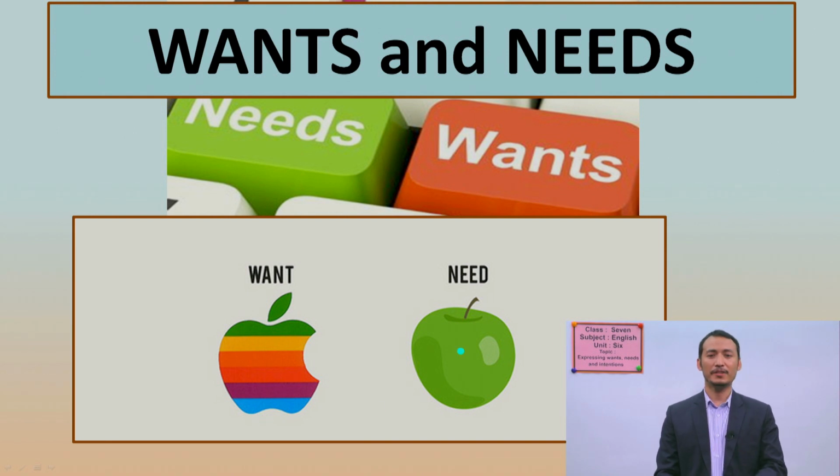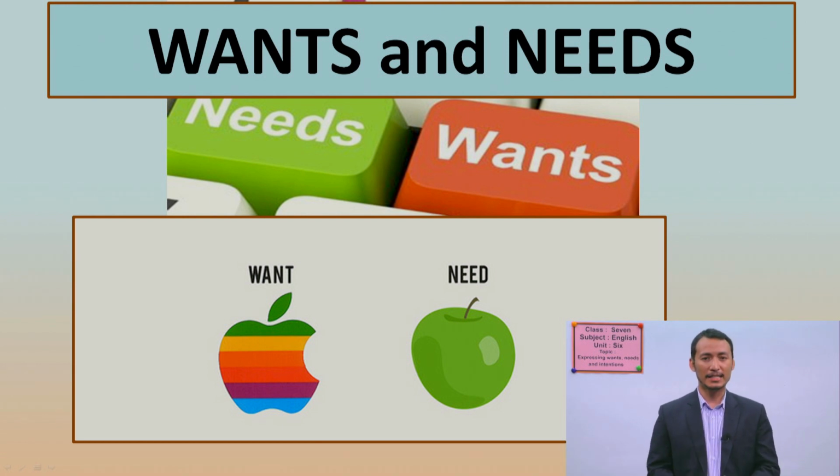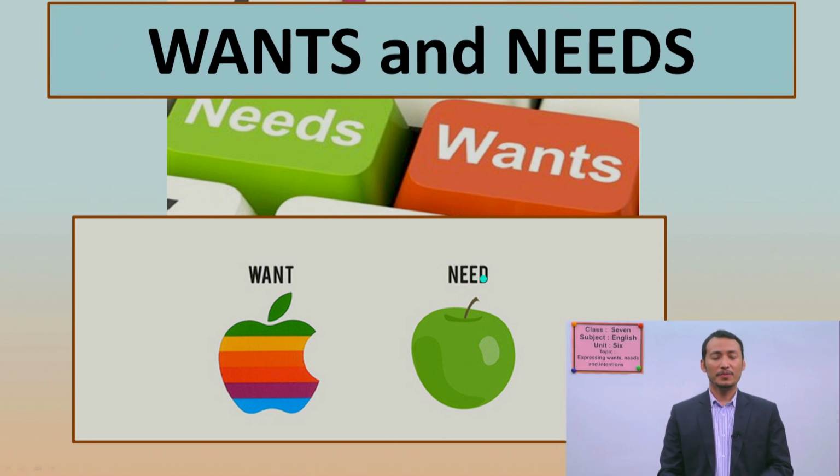And another picture is a real apple. So when you need this apple to become healthy and happy, okay, so you are going to have it for your health. So to become healthy is your need. So these are the meanings underlying these two words, wants and needs.